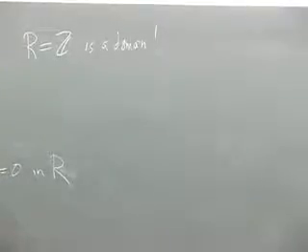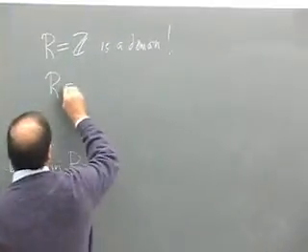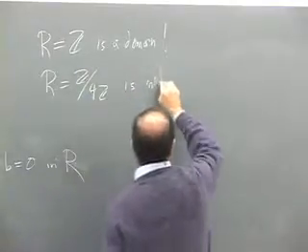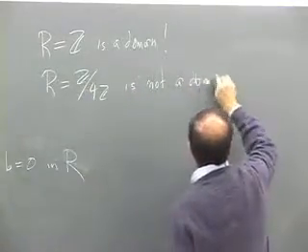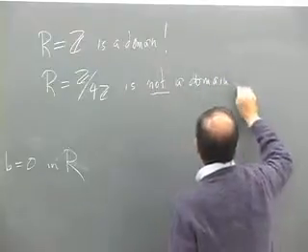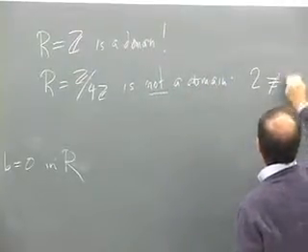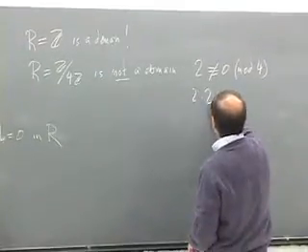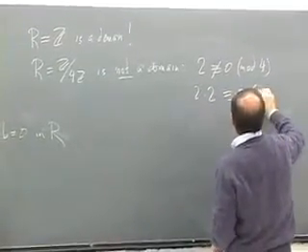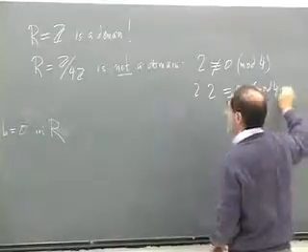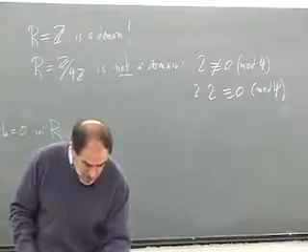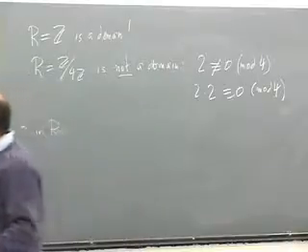Something that isn't a domain, just to see that you don't get this all the time: R is equal to Z mod 4Z is not a domain. 2 is not equal to 0 mod 4, but 2 times 2 is 0 mod 4. Okay? So there you have two non-zero elements. When you multiply them, you get 0.